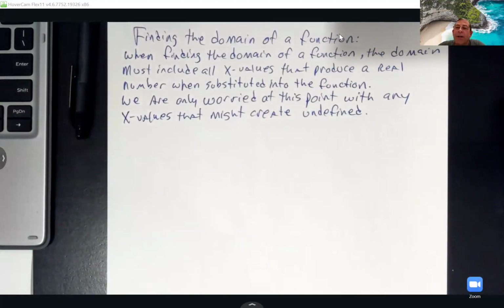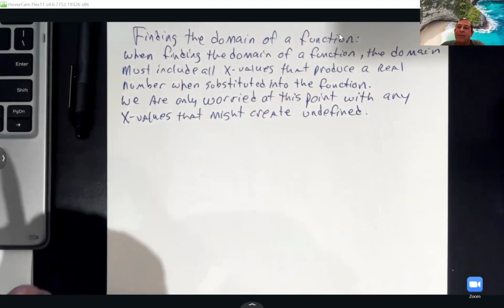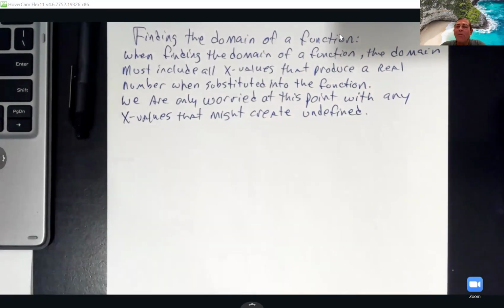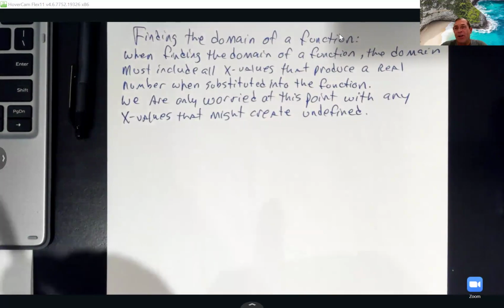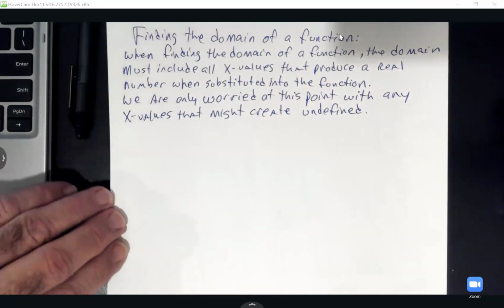So what makes something undefined? And I will say this, it has to deal with fractions. What would make a fraction undefined? If it was over 0.